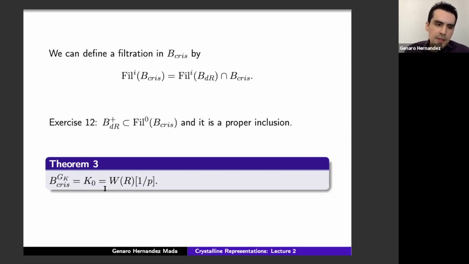As I said yesterday, the notes of Olivier Brinon and Brian Conrad are very good references to see all the details of the proofs. Here I'm just stating the facts so we can eventually see the geometric part.